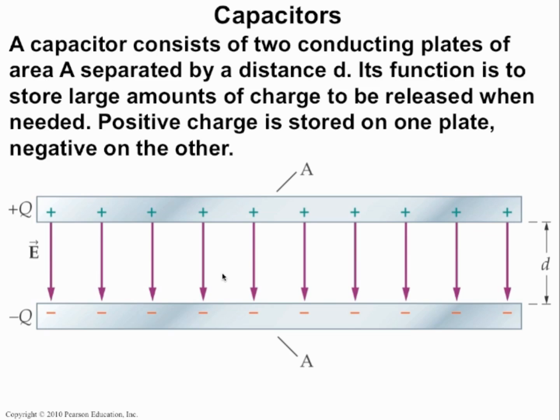Today we're going to learn more about what capacitors do and how they work. A capacitor's function is to store large amounts of charge to be released when needed. For some applications and instruments, you need a sudden burst of power, and so the capacitor stores that power up until you need it.